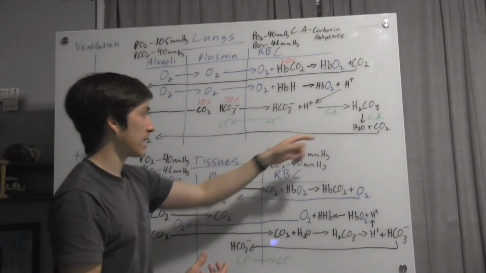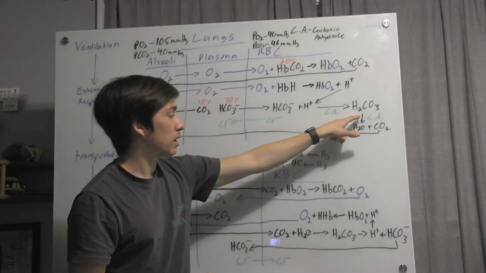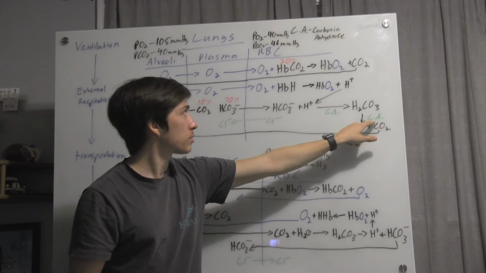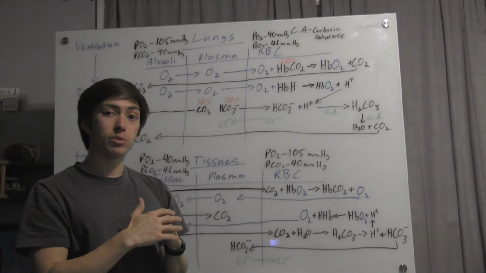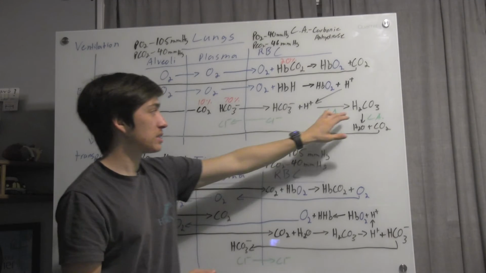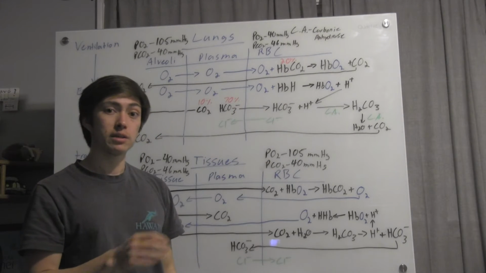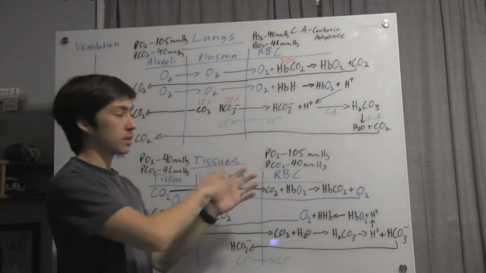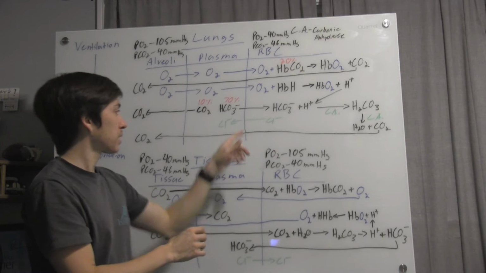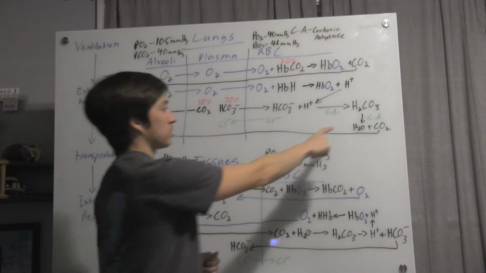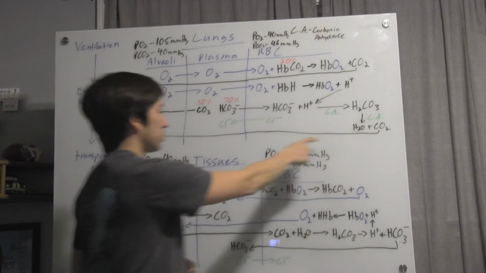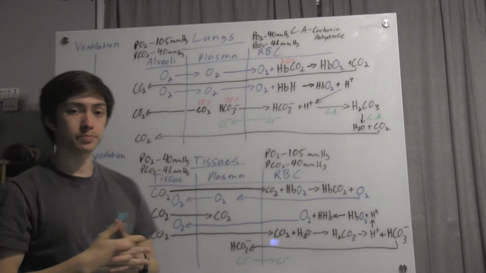Now that carbonic acid can join with another carbonic anhydrase and make H2O and CO2. This is how 70% of the CO2 is carried in your body, by bicarbonate in the plasma. So now the CO2 can again diffuse out.